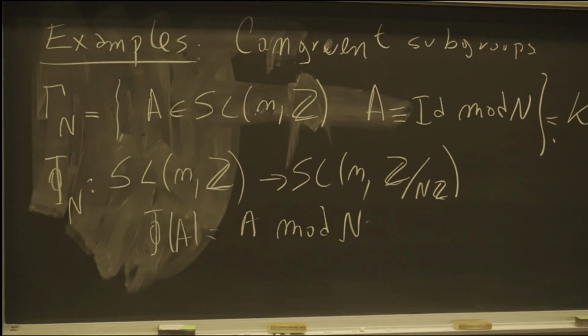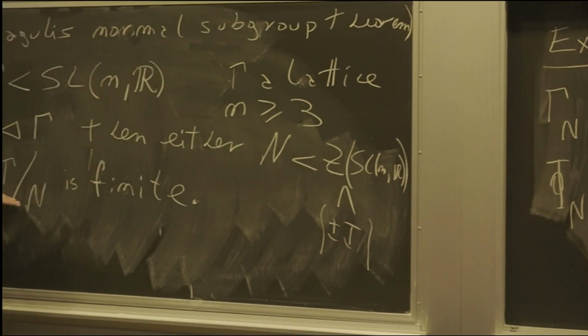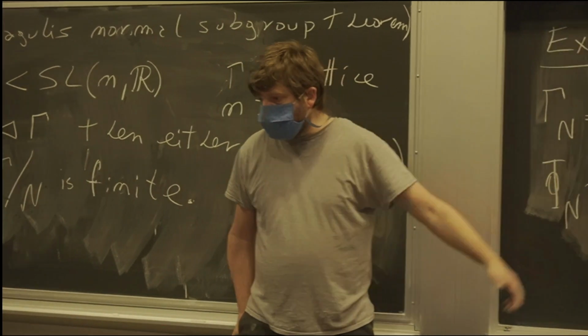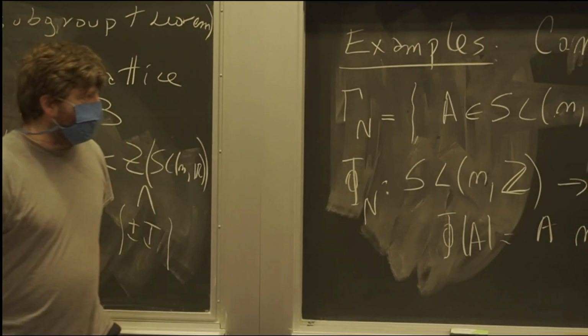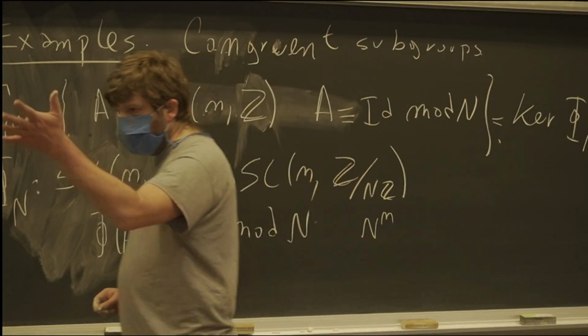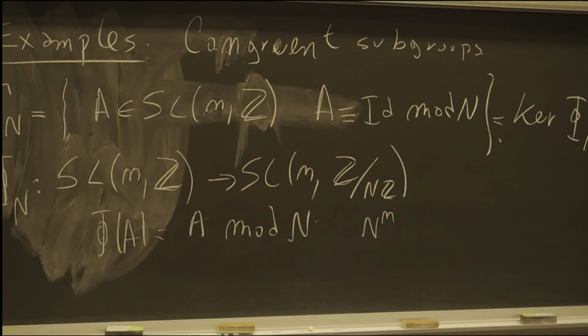In this situation it's very easy to see that this quotient is finite, simply because the image there is a finite set, with at most n to the power n elements, pretty much n to the power n up to some very small number. So in this very specific example, you have this. And what Margulis proves is that those are essentially all the examples.